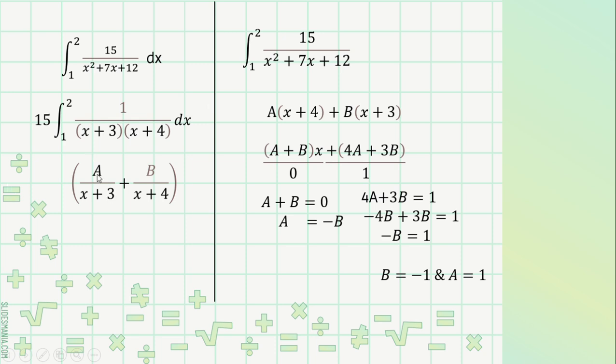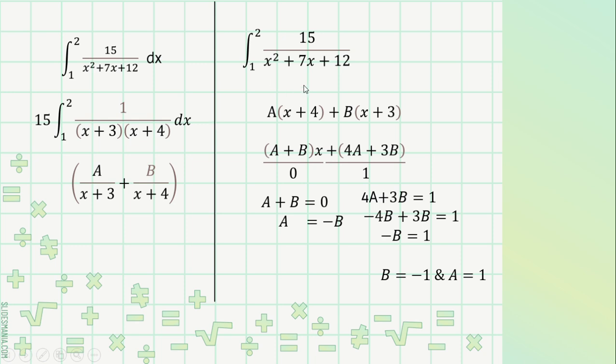In this case, we are using partial fractions. 1 will be divided into a and b, where a is over x plus 3 and b is over x plus 4.